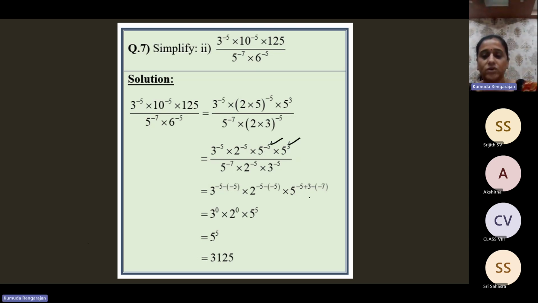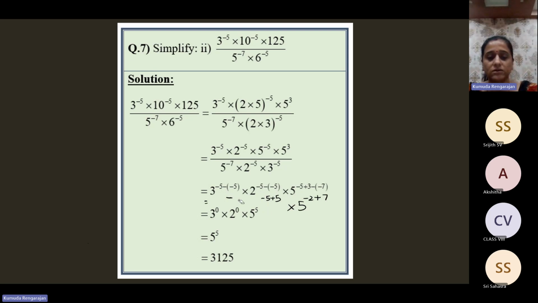These 2 powers you have to add minus this power in the denominator. So you will get 3 to the power -5 plus 5 into 2 to the power -5 plus 5 into 5 to the power -2 plus 7. You can just include this step. So -5 plus 5 is 0.